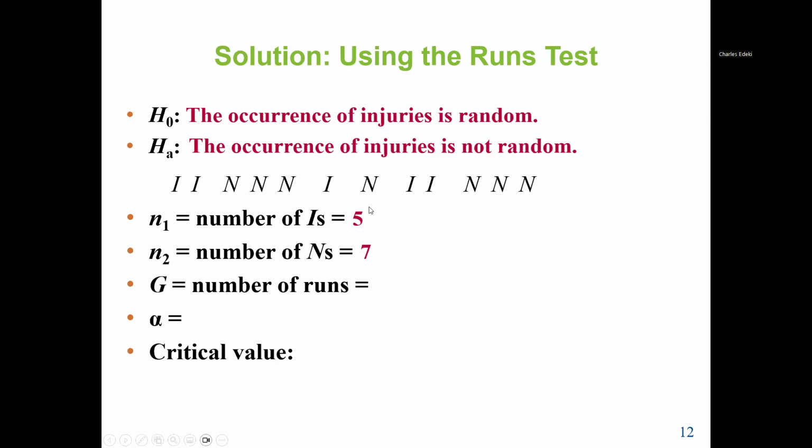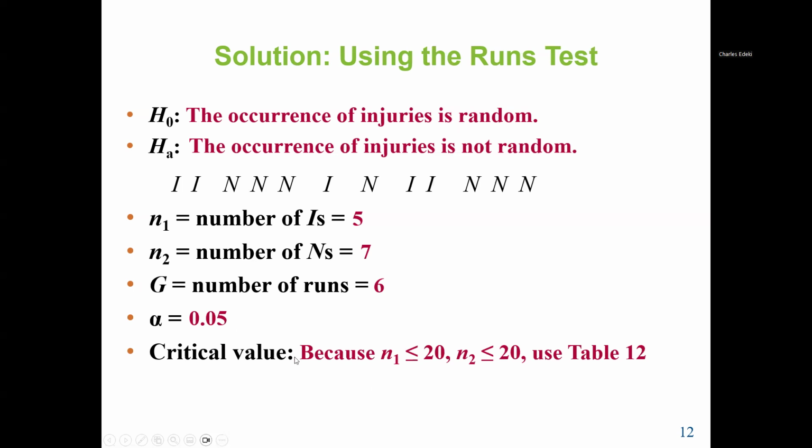So in this case, we can say that our N1 and N2 are less than or equal to 20. So we are going to use the G. So first, let's find the G. G will be the number of runs. So we can count here 1, 2, 3, 4, 5, 6. So we have 6 runs. The alpha is given to us as usual, 0.05.